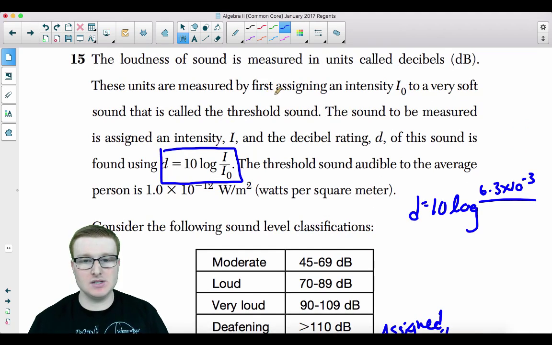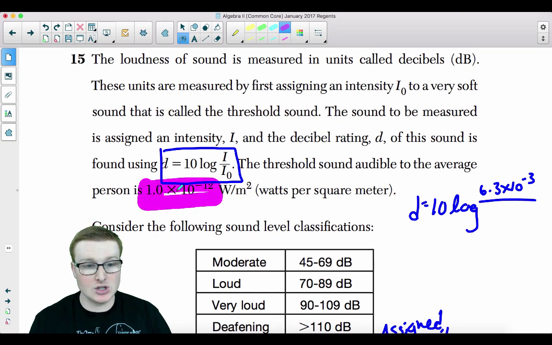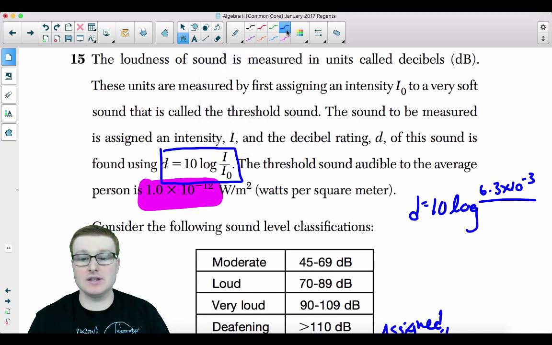What does it say? I sub 0 is assigning a soft sound. Well, the soft sound is what's audible to humans. A person can listen to 1.0 times 10 to the negative 12th. So that's your I sub 0, 1.0 times 10 to the negative 12th.